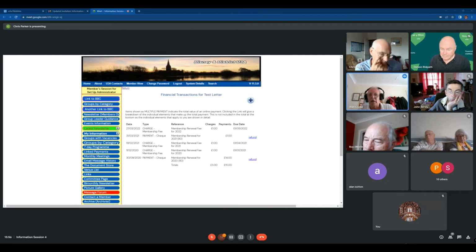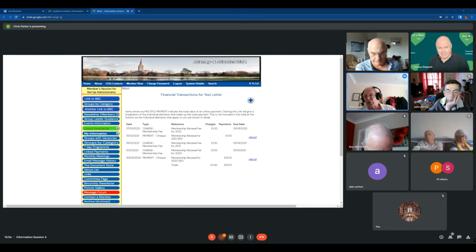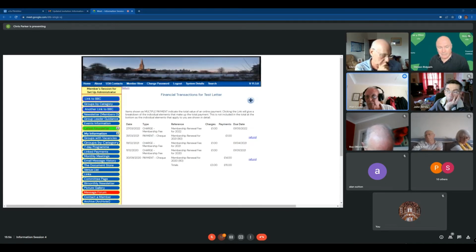What's going on? And Chris, in his wisdom, then informed us that this is because they're in credit. If our membership fee was, let's say £12, and they were in credit to the tune of £24, £36, whatever, above £12, it stops the credit card icon coming up, because the system believes that they've got enough money in their account that they don't need to pay anymore. So the credit card icon does not appear.